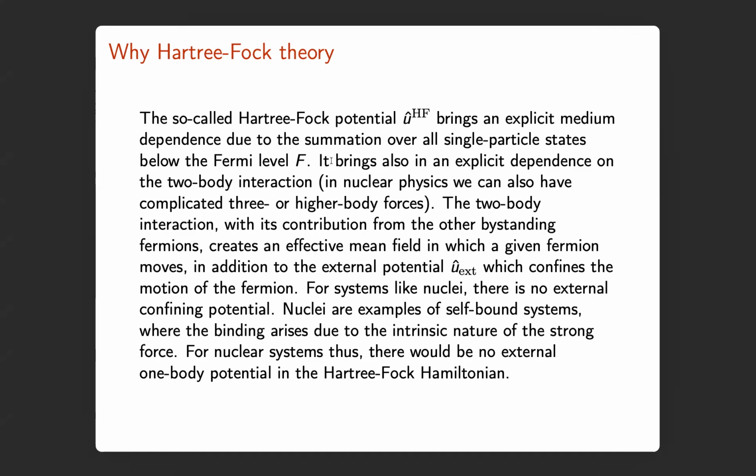So that's what we normally would call, even if it has the interaction only to first order in V, a correlation due to the Pauli principle. And you can then say that the contribution from the other bystanding fermions creates an effective mean field in which a given fermion moves. This could also be a boson, so you would have a similar mean field equation for bosons, except that then you will not have the exchange term, which arises due to the Pauli principle.